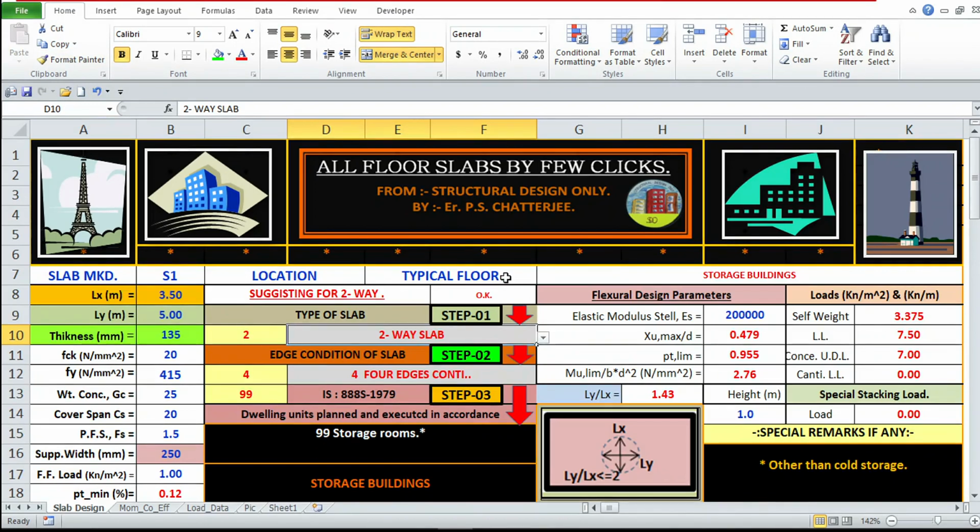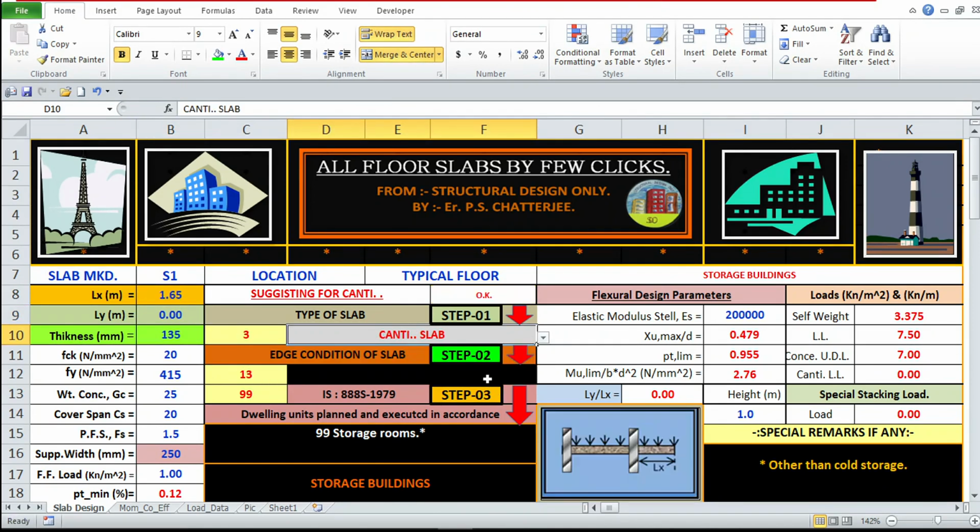Now design and analysis for cantilever slab. First, for a cantilever slab, Ly is equal to 0. So length is equal to 1.65 meter. Now we have to change here to canti slab; edge condition is not required.